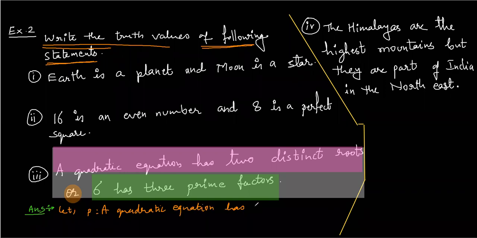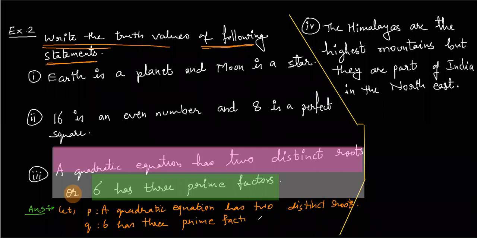We will take this as P and this as Q so that we could write the symbolic representation first. 6 has 3 prime factors, I take this one as Q. I represent this atomic statement by letter Q.